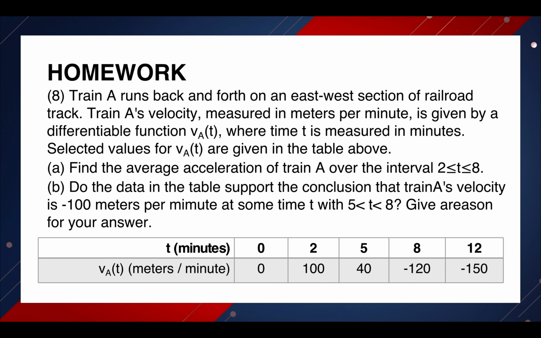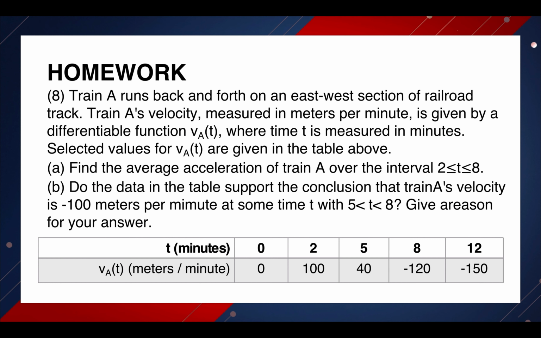Train A runs back and forth on an east-west section of a railroad track. Train A's velocity, measured in meters per minute, is given by a differentiable function v_A(t), where time t is measured in minutes. Selected values for v_A(t) are given in the table above.